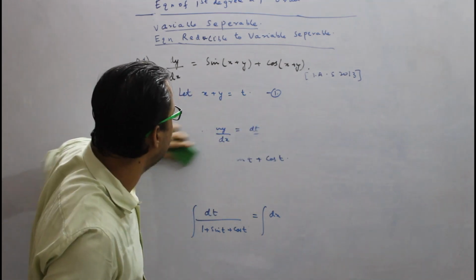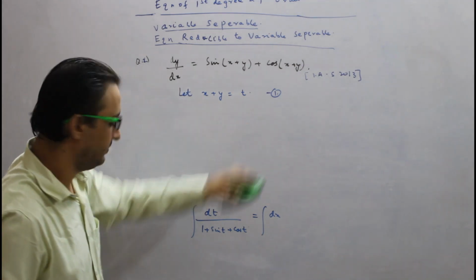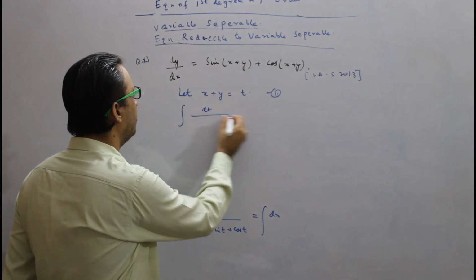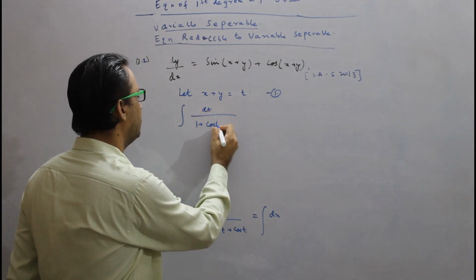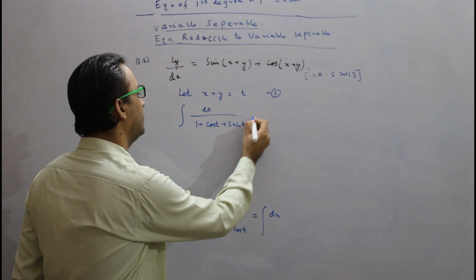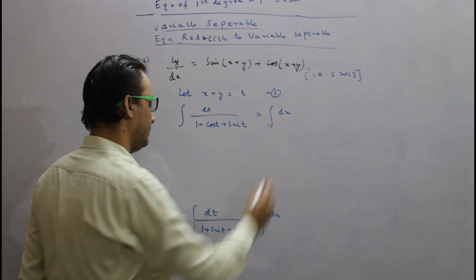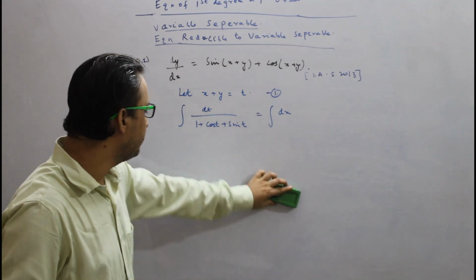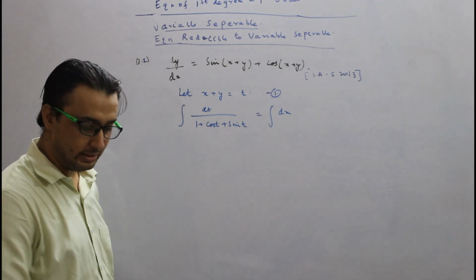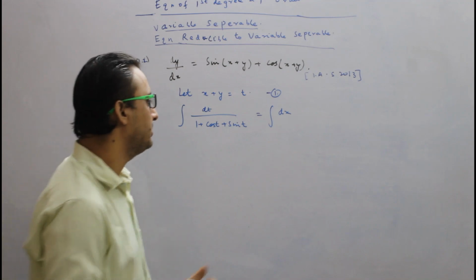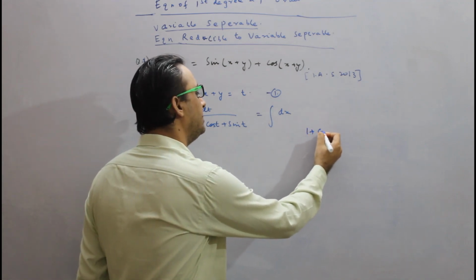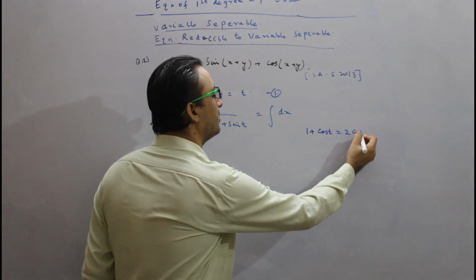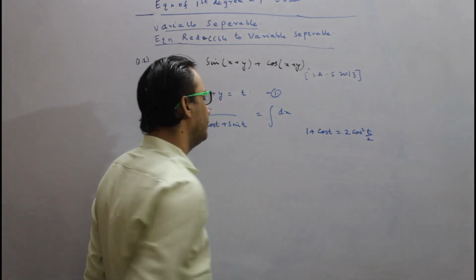So I am going to integrate this. This integration says we have to integrate dt by (1 plus cos t plus sin t) is equal to dx. Now here what will come to our rescue is our trigonometric identities. We have to recall some of the trigonometric identities. We have studied 1 plus cos t is equal to 2 cos square t by 2.